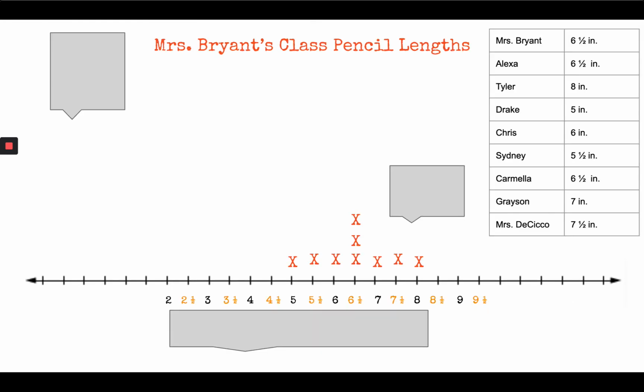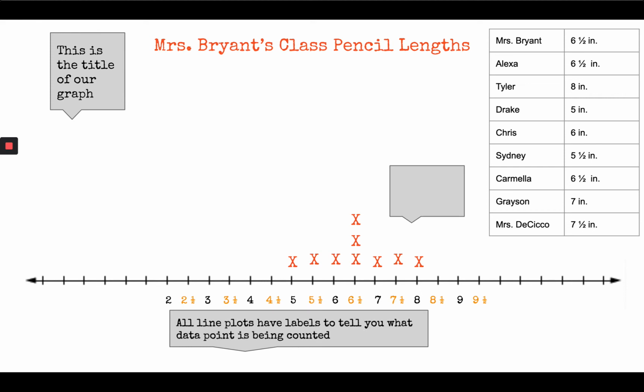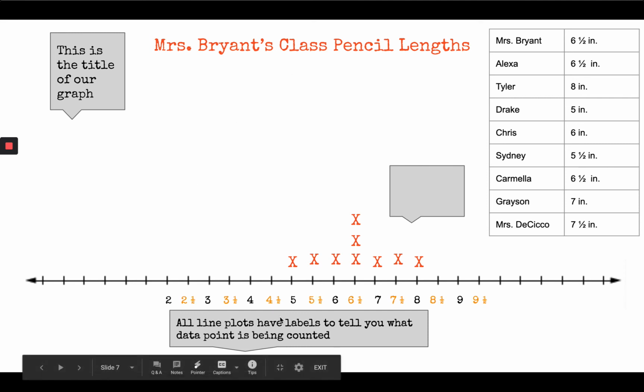So here's my chart. Mrs. Bryant's class pencil lengths. Okay, I've got my numbers here just to show you how I graphed that. This is my title. Okay, every line plot needs to have a title because we have to know what you're graphing, right? What you're keeping track of. All line plots have to have labels.